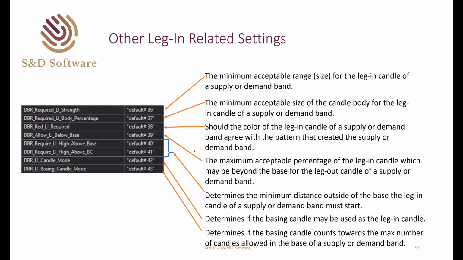So again, we are orienting the leg in candle with respect to the base. And if our leg in candle does not meet that orientation that we're after, we're not going to turn it into a band. One of these settings indicates that the high of the leg in has to be above the high of the base. The other says it has to be above the high of the basing candle.